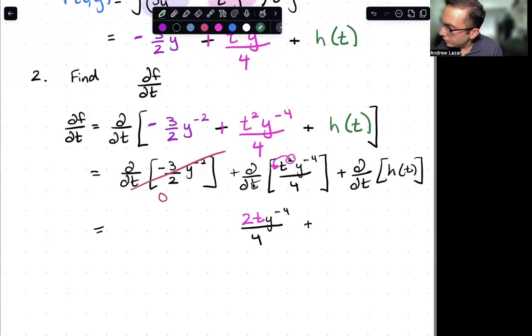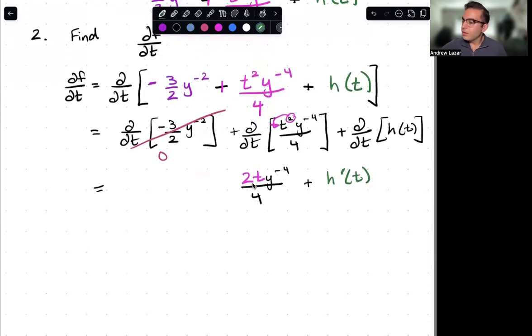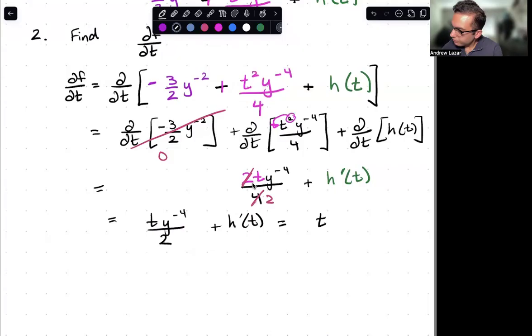We don't know what h is, so we're just going to call this h prime of t. So we cancel out this factor of 2 here, and what we're left with is t times y to the minus 4 divided by 2 plus h prime of t. Or without the negative exponents, we're just going to say that this is t over 2y to the 4th plus h prime of t.